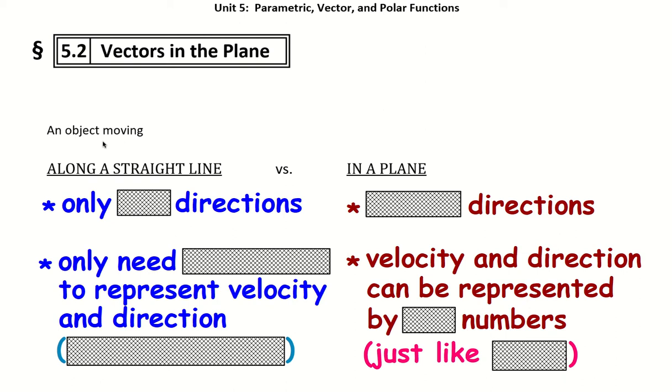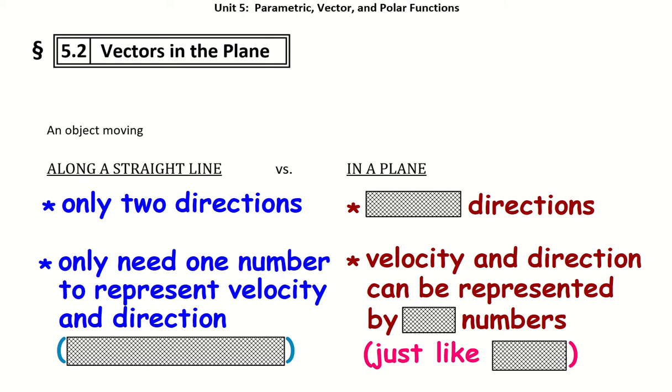So an object moving along a straight line, and let's, for our intents and purposes, consider this literally a horizontal line. So if you have an object that is only able to move along a horizontal straight line, that's only two directions, left and right. And you only need one number to represent its velocity and direction.